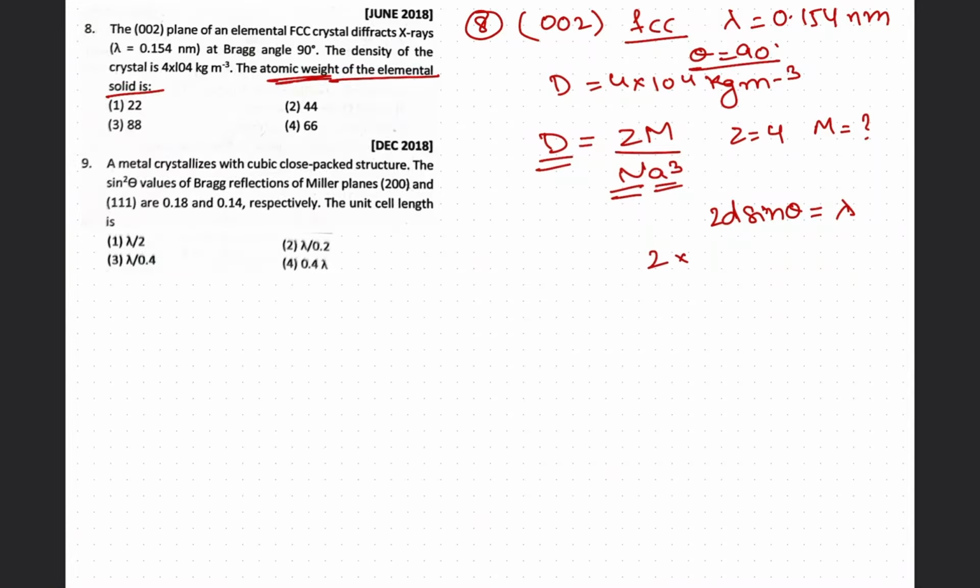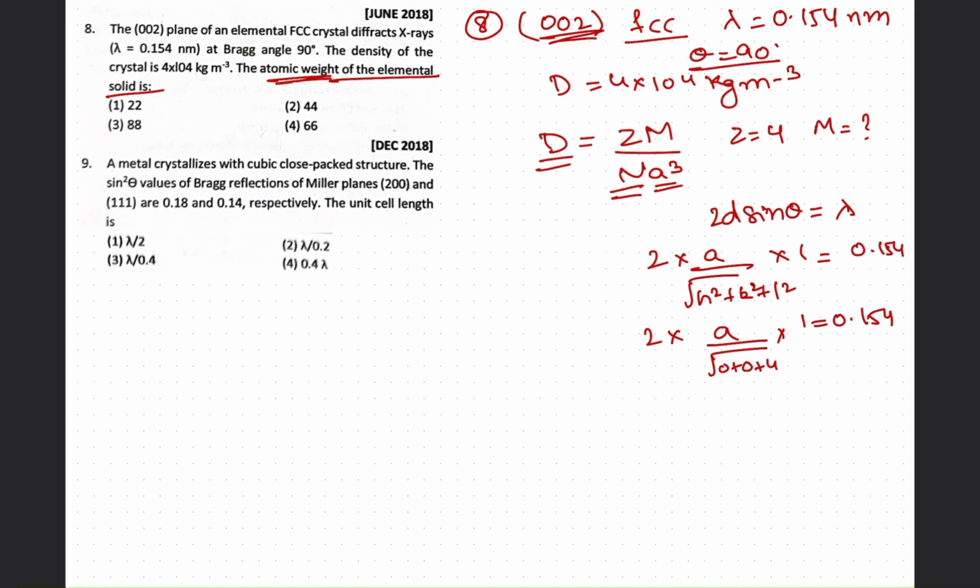For d we'll use a upon square root of h square plus k square plus l square, sin 90, lambda they have given 0.154, so 2 into a, the plane is 002, so this will come 004 under root, which is 2, so this will cancel. Okay, so a you'll get 0.154 nanometer.